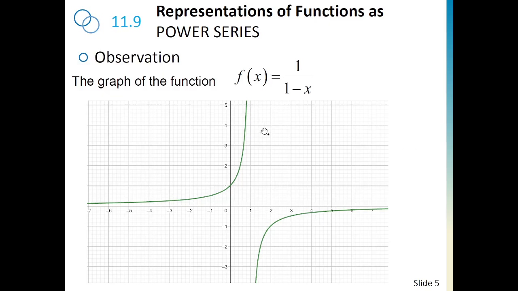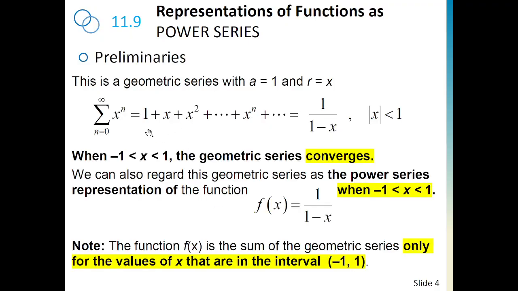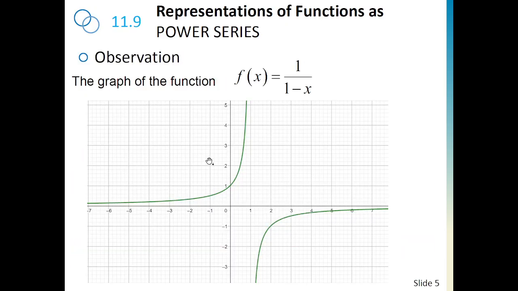Just to realize, this is our function. It's defined everywhere except at x equal to 1. So this function is fine. What we realize is that the geometric series that we have here, our favorite series of x to the power n, is equal to this function on the interval -1, 1, excluding -1 and 1, obviously. So for x between -1 and 1, the geometric series is equal to this function.